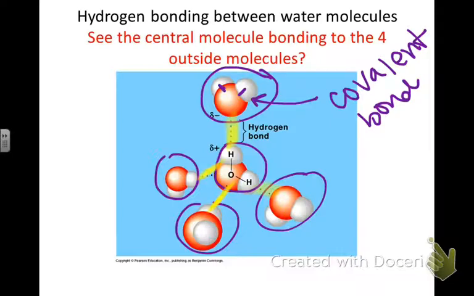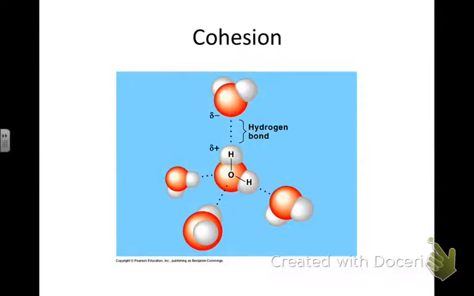And the polarity allows a single water molecule to bind to 4 other water molecules at a time. That's what you see here, the 4 at a time. So because of the hydrogen bonds, it bonds to each other, it conducts electricity, and it can bond to 4 at a time.